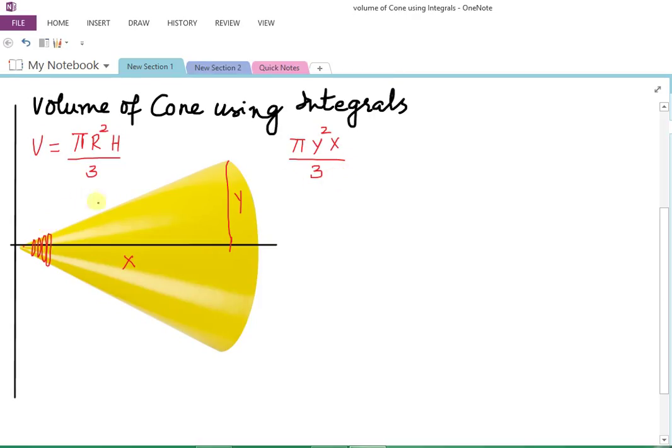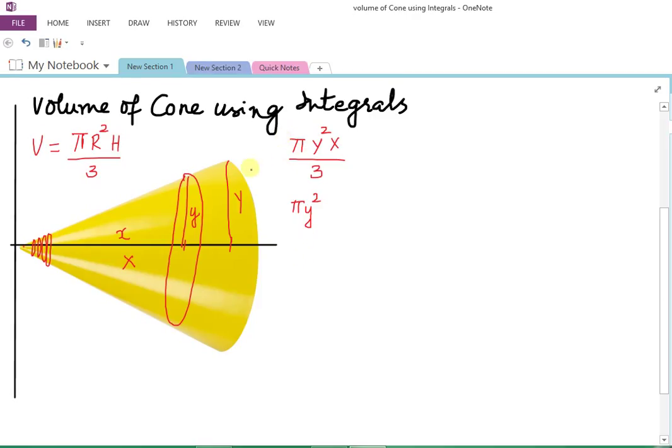So in this case, let's see how do we go about it. If I were to take a random circle, let me denote this as the random circle, and this is my radius, small y. I'll denote the height as small x just to distinguish it from the capital X and capital Y, right? So what's the area of a circle? The area of this circle will be pi y square, right? But if I want to integrate it over x, I want to find an expression for y in terms of x.